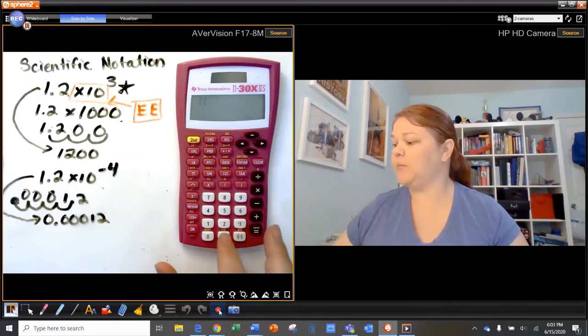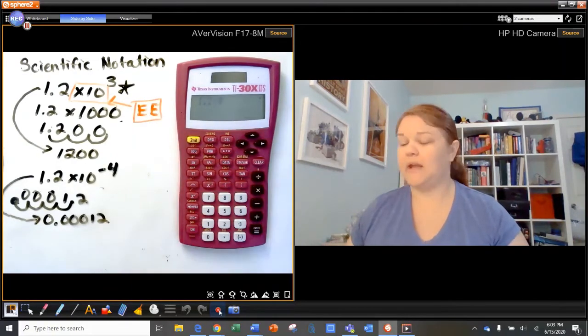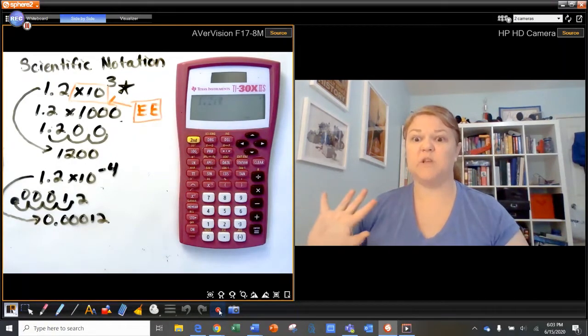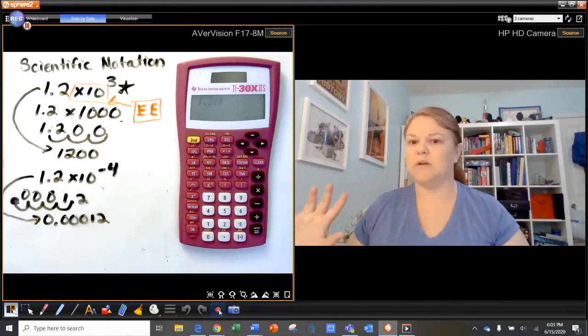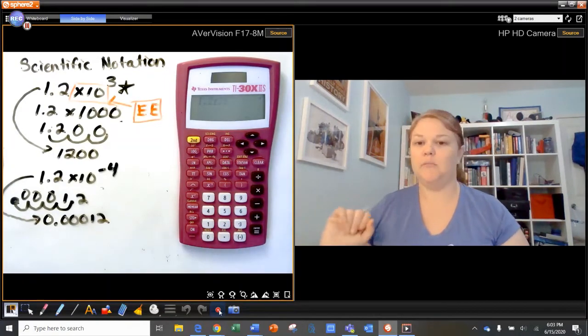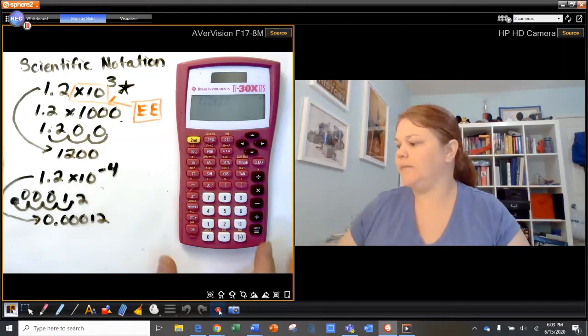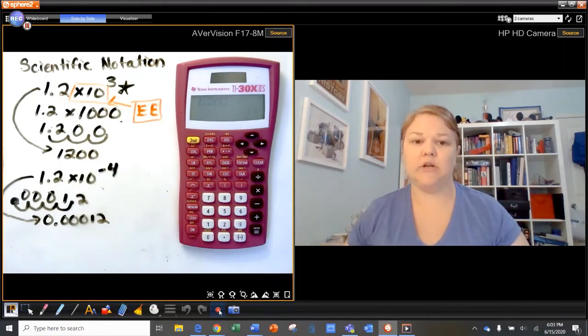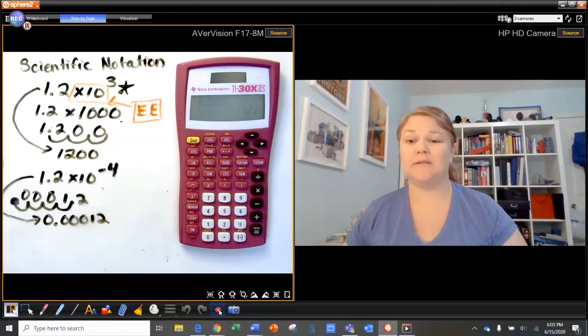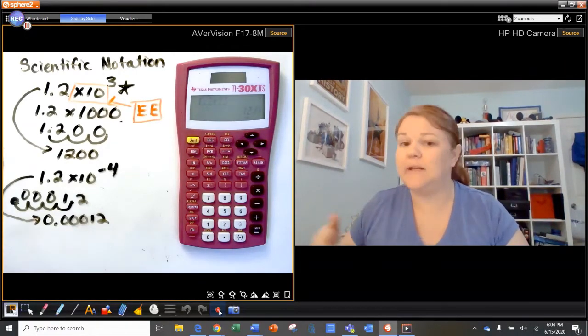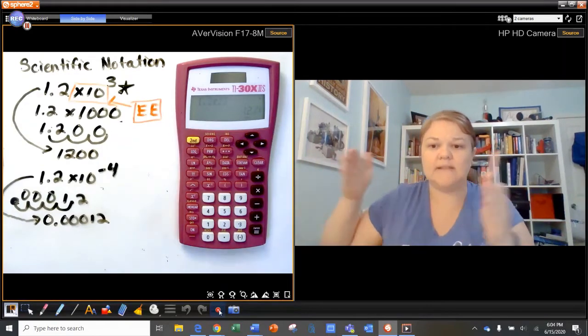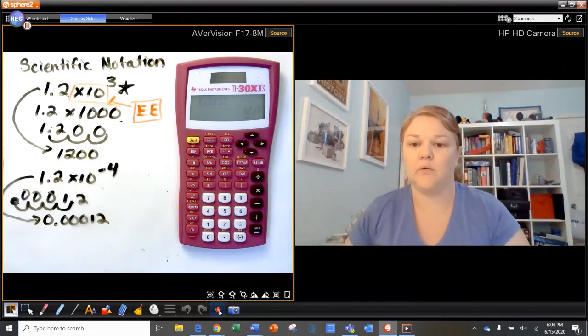So say it was 1.2, I did my E, and then I had one of those huge numbers, like I raise it to the 23rd power because we're dealing with, you know, the number of water molecules in a graduated cylinder. And I hit enter. It spits it back out in scientific notation. And it does that because the calculator literally cannot put 23 decimal places after that one, or 23 places.